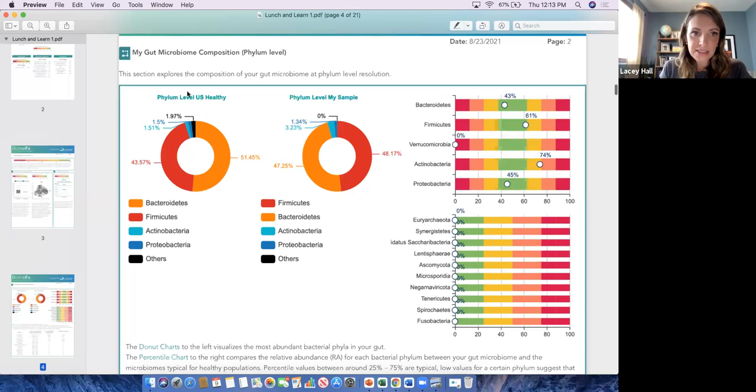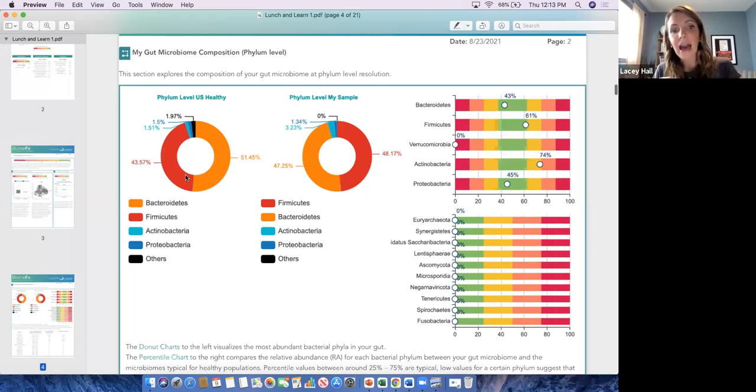Now, with this phylum page, if you think back to high school biology, the phylum is kind of the larger group, right? So we're mainly looking at bacteria, but we are looking at other organisms as well. On the left, this is our kind of ideal patient here. This donut chart represents what a standard healthy gut should be comprised of. And it's really only 4 major phyla and then everything else sprinkled in.